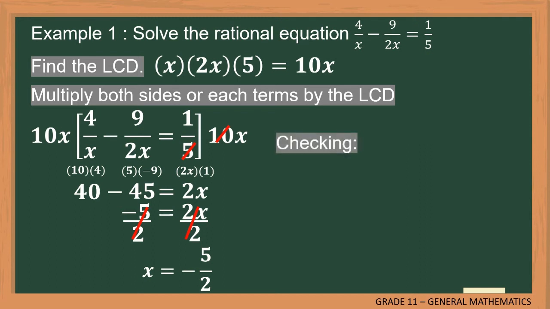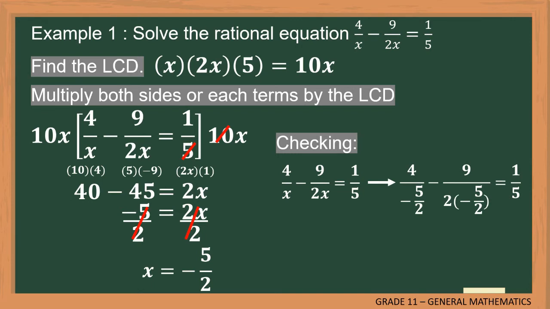So, ang pangatlong step natin ay i-check natin si negative 5 over 2 gamit yung original equation, kung ito ba ay solution. Now, ang gagawin natin ay i-substitute yung value ng x sa lahat ng x nitong given natin. So, papalitan lang lahat ng x ng negative 5 over 2. So, magiging 4 over negative 5 over 2 minus 9 over 2 times negative 5 over 2 is equal to 1 over 5.